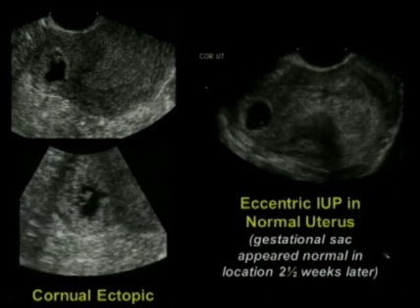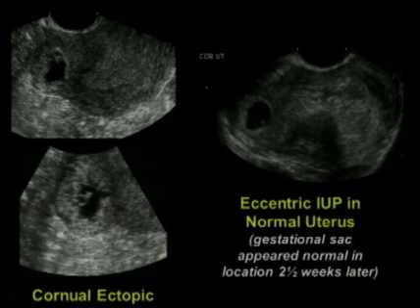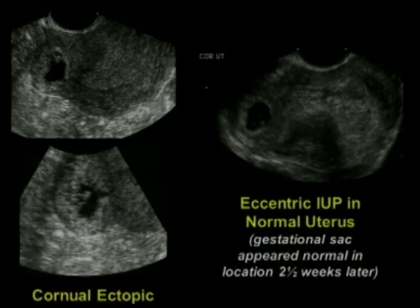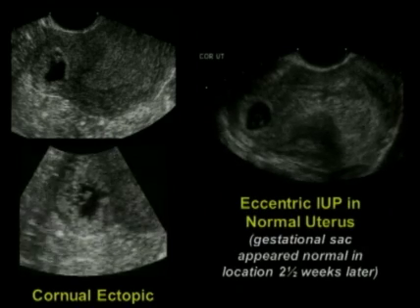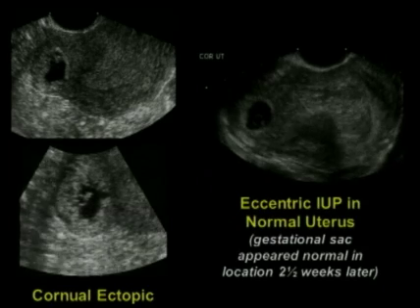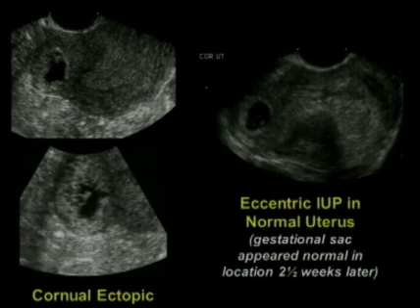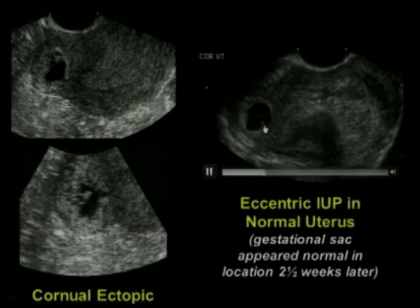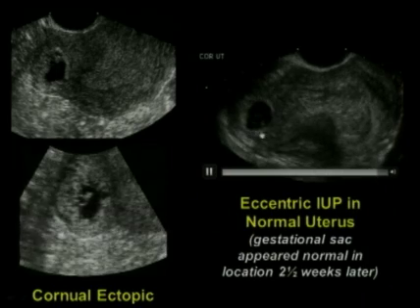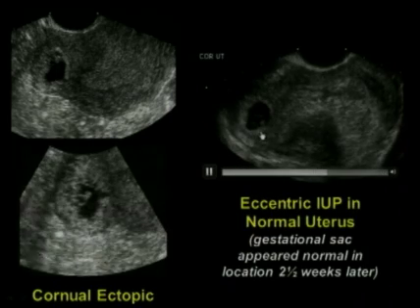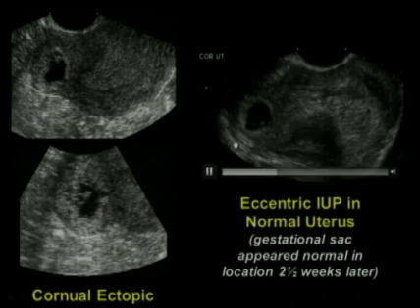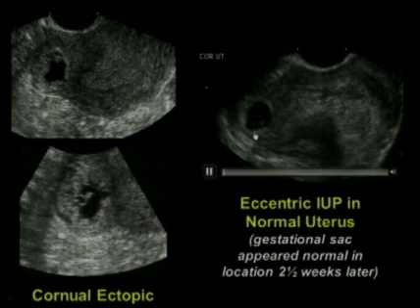On the other hand, what we see here is an eccentric pregnancy, an eccentric intrauterine pregnancy in a normal uterus. And the difference here is that the bright tissue called trophoblastic tissue doesn't extend all the way out to the surface.